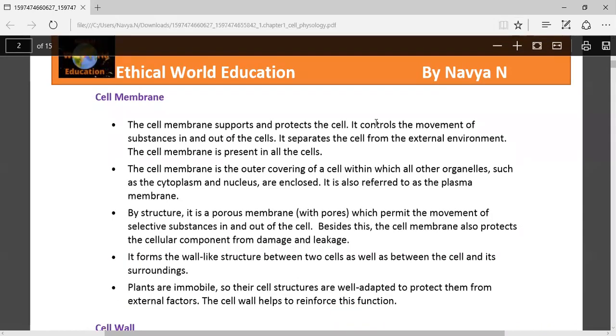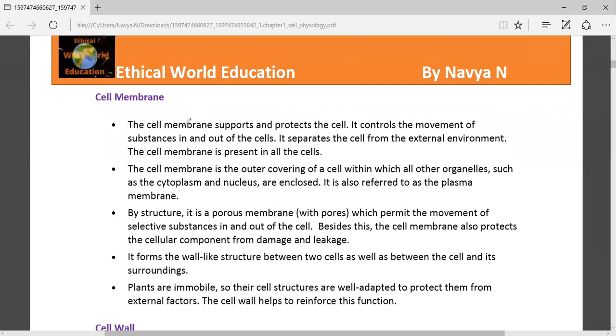Let us know the cell membrane. How does it work? What does it do? It supports and protects the cell, and also it controls the movement of substances in and out of the cell.